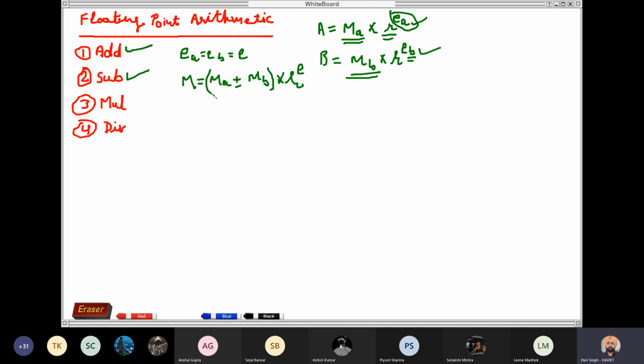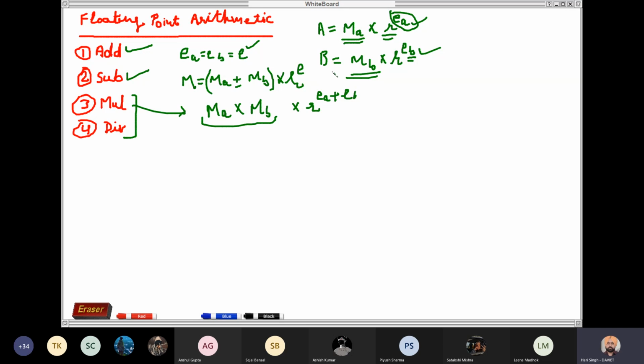In case of multiplication and division, it's not required to adjust the exponent values all the time. We simply multiply the mantissa of number A with the mantissa of number B to obtain a new mantissa value, and the exponent will be R power the sum of EA and EB.